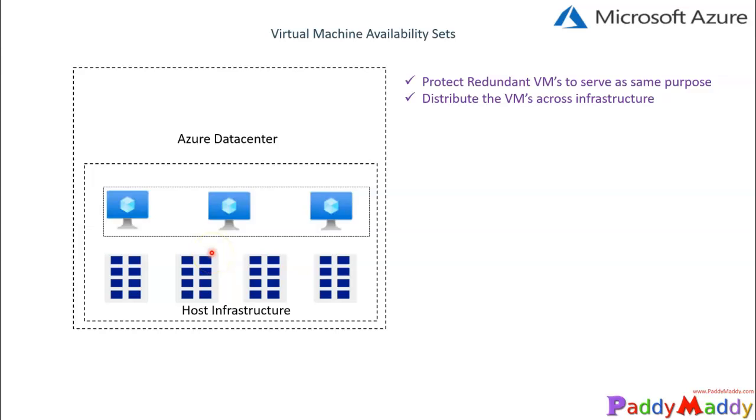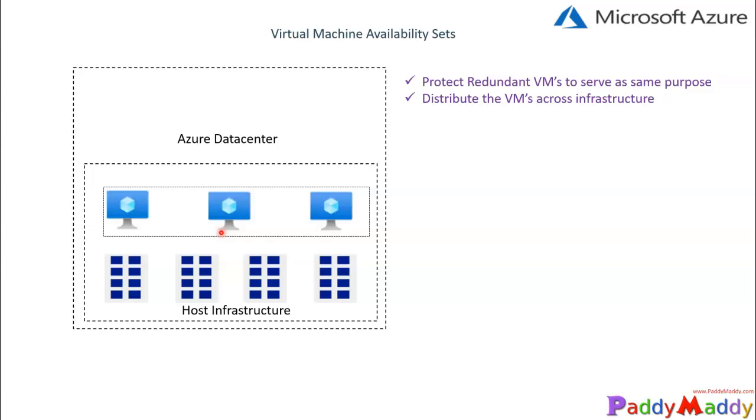If you just think about that, your concern might be, what happens if this physical infrastructure goes down? Or you can think in other ways. If a failure happens at the power, or maybe you want to take your virtual machine down for a software update or maintenance, what happens?